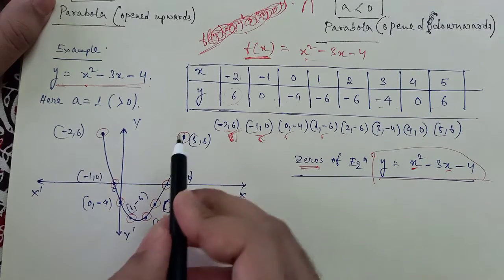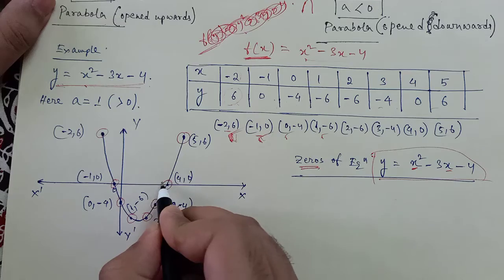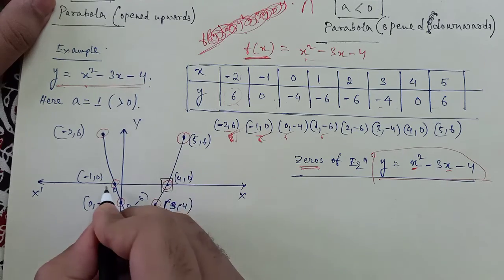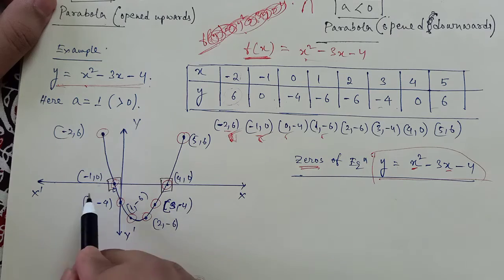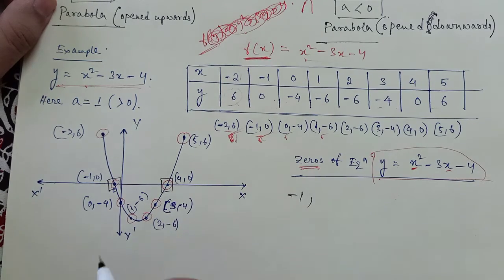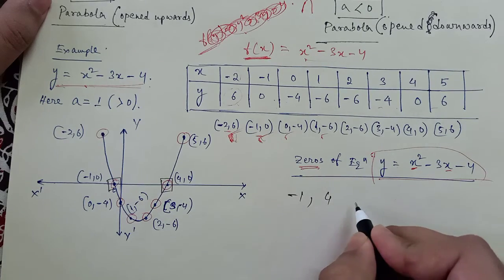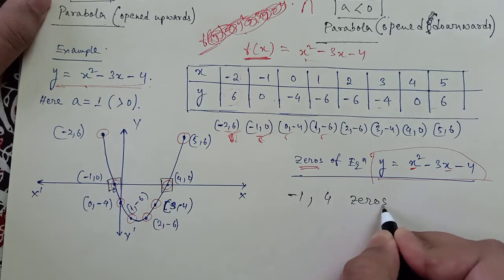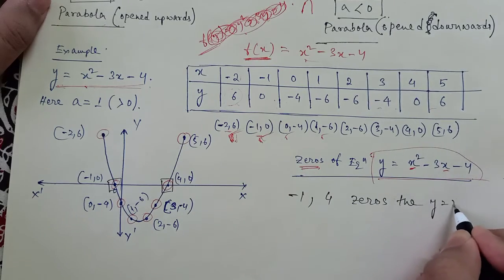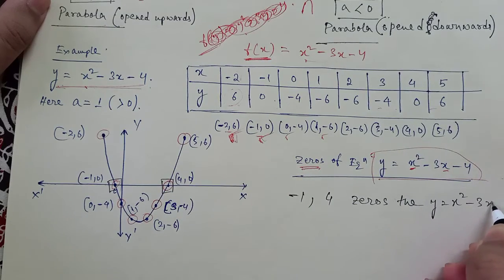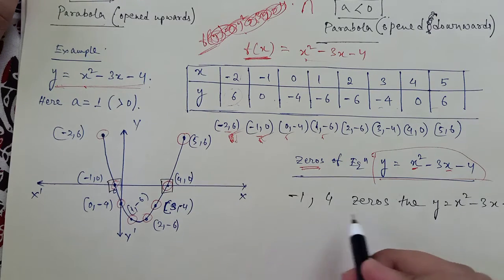Here you can see the curve has cut the x-axis at 2 points, this point and another this point. Here you can see the value of x is -1, and here you can see the value of x is 4. So these are nothing but the zeros of the polynomial, that is y equals x square minus 3x minus 4.